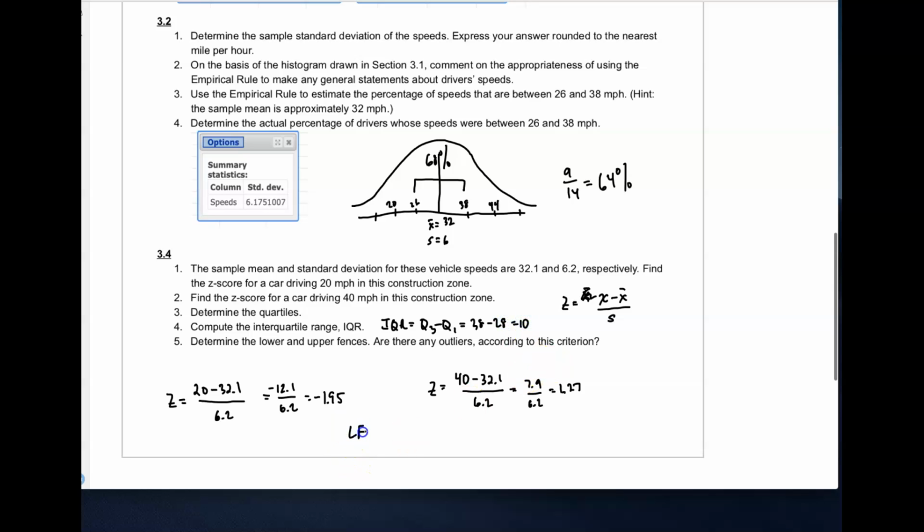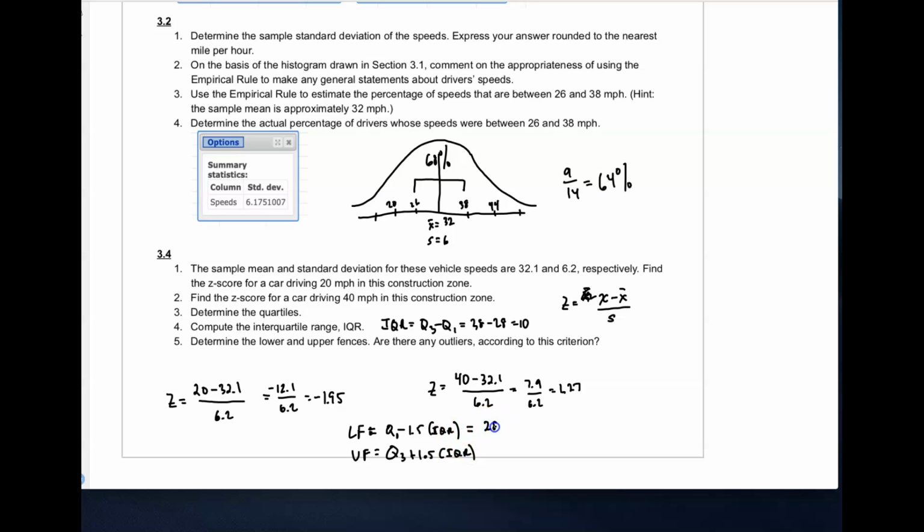And then the formula we know for the lower fence, to find if there's an outlier, is Q1 minus 1.5 times IQR. Upper fence is Q3 plus 1.5 times IQR. And those fences determine if you have any outliers.